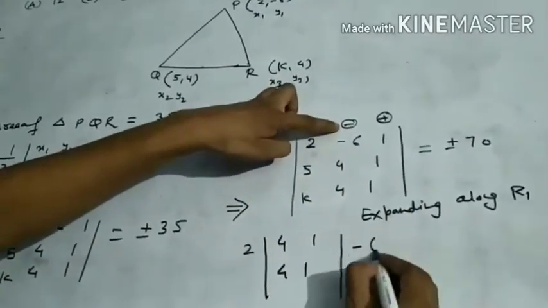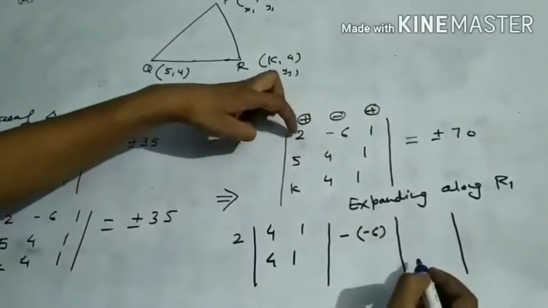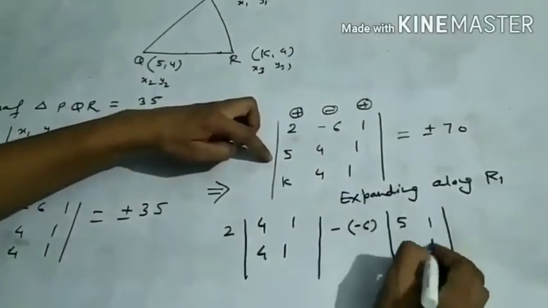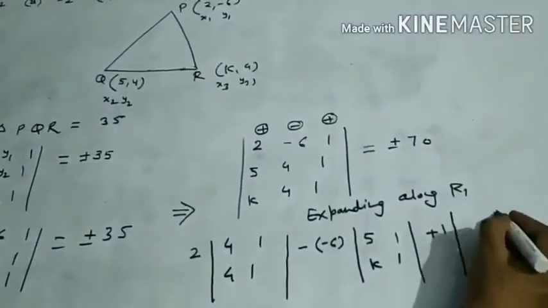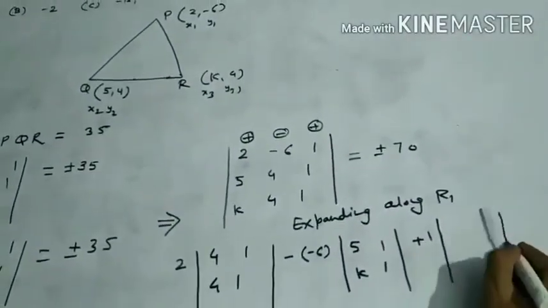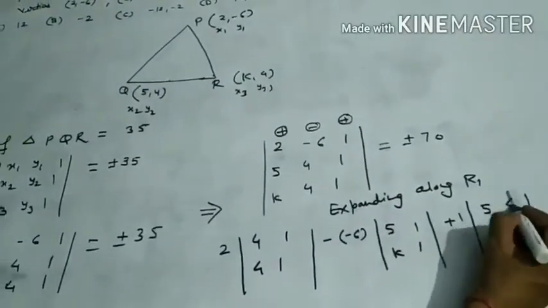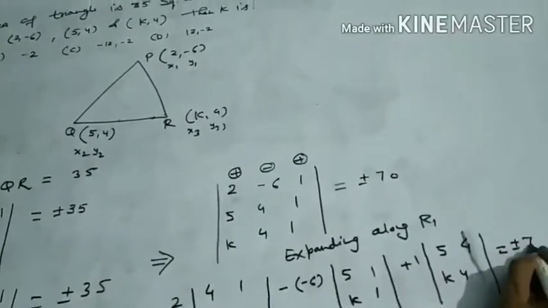Then minus, and here we have -6 times the subdeterminant after leaving the first row and second column, that is 5 1, k 1. Then plus 1 times the subdeterminant after leaving the first row and third column, that is 5 4, k 4. This is equal to plus or minus 70.